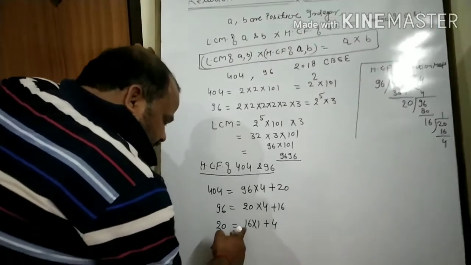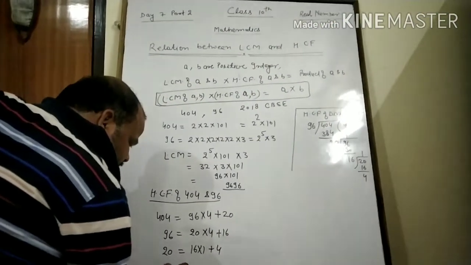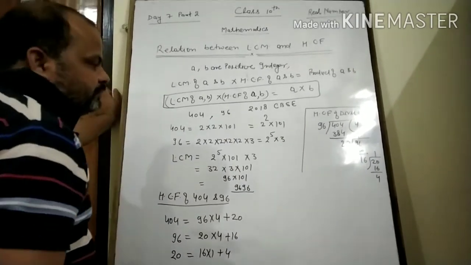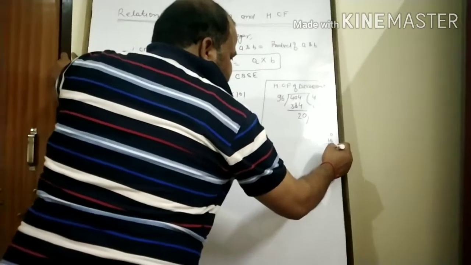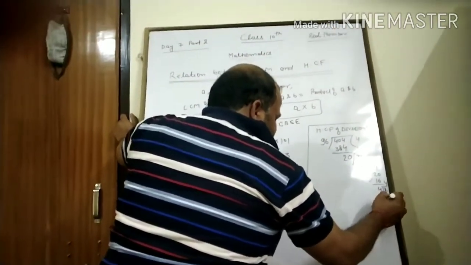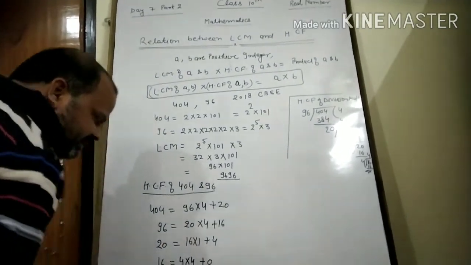Then our new dividend is 16 and divisor 4. 4 into 4 plus 0. 4 fours are 16, it is 0. Then in this step you got the remainder 0.